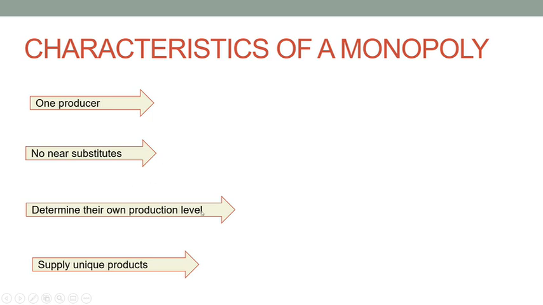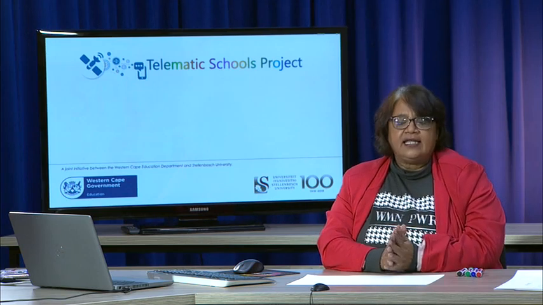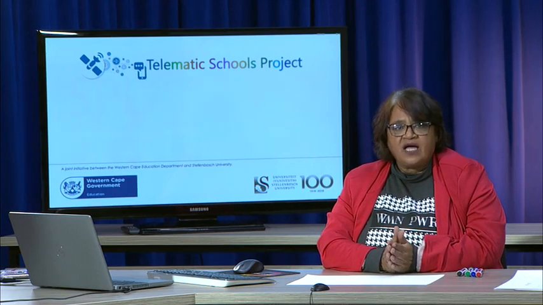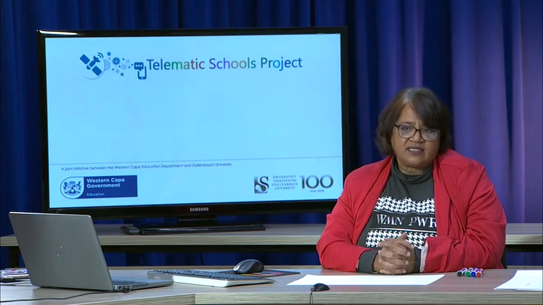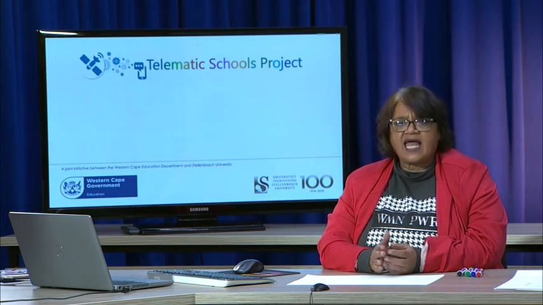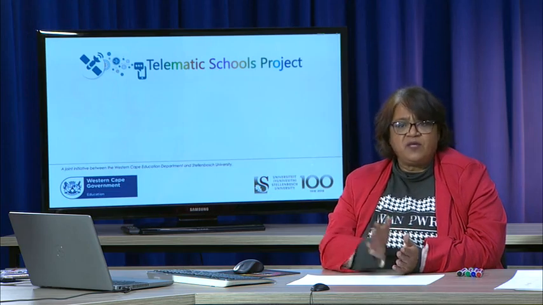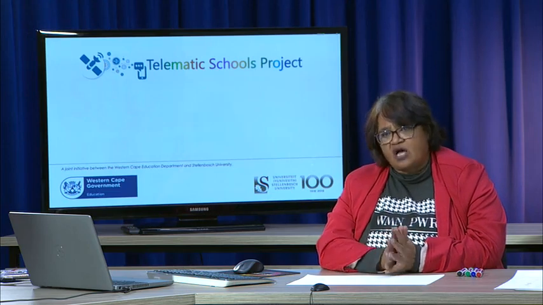Determine their own production level, right? The monopolists can decide at which level they want to produce. They are not ruled by demand and supply like a perfect market, right? The monopolist can decide, I'm only going to, there's 100 people that want my product, I'm just going to put out 80.